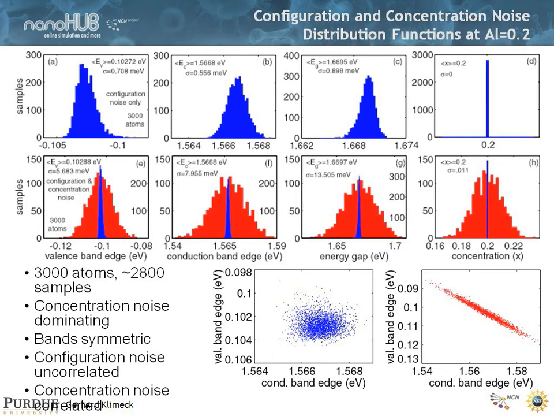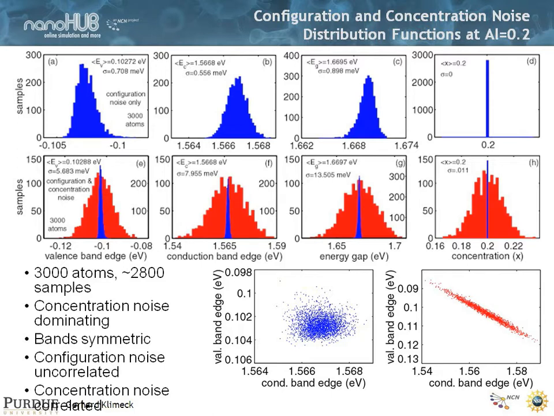And if you plot this in a correlated plot, where for each of the samples you come up with a dot of the valence band and the conduction band, you find a nice straight line. So that means that the concentration noise is correlated.